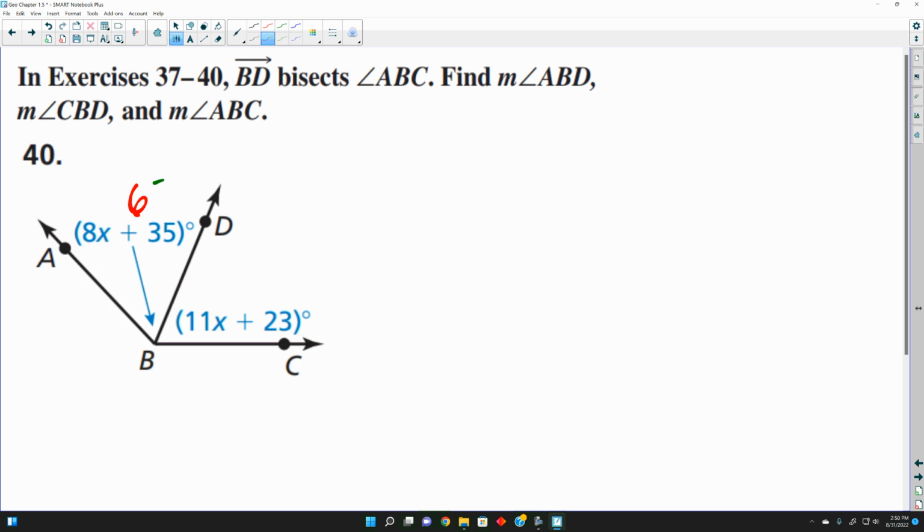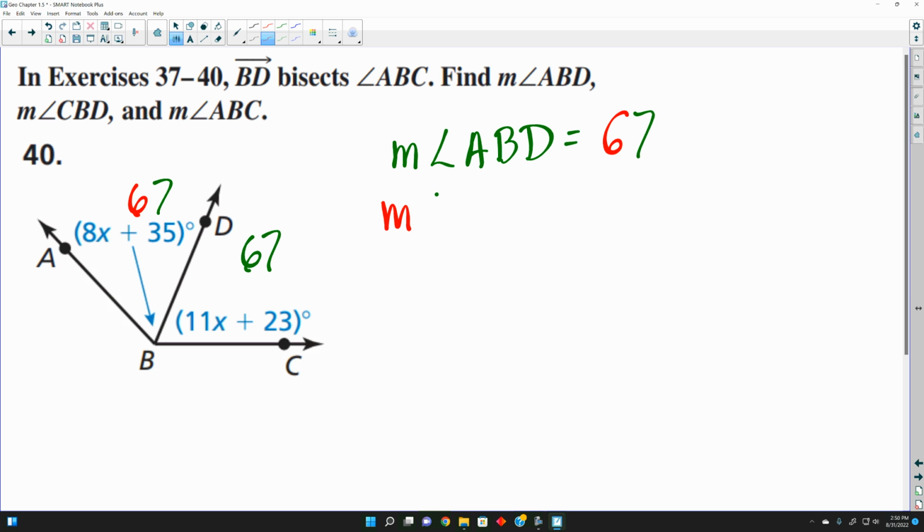So we said this is 67, and this one here is 67. So the measure of angle ABD is one of the smaller ones, so it is 67. Now we also want the measure of angle CBD, which again is another one of the smaller angles, yes? So it is 67. And it also wanted the measure of angle ABC.